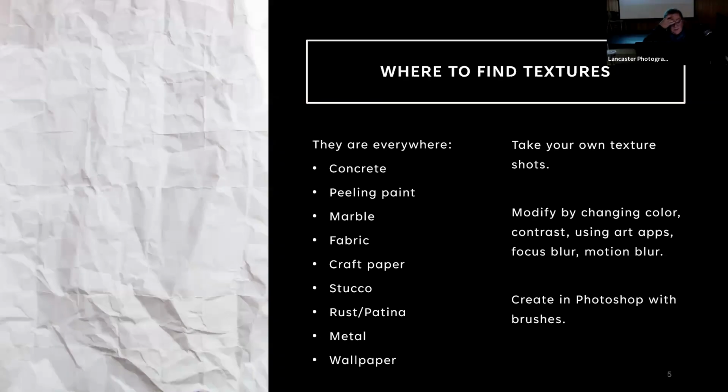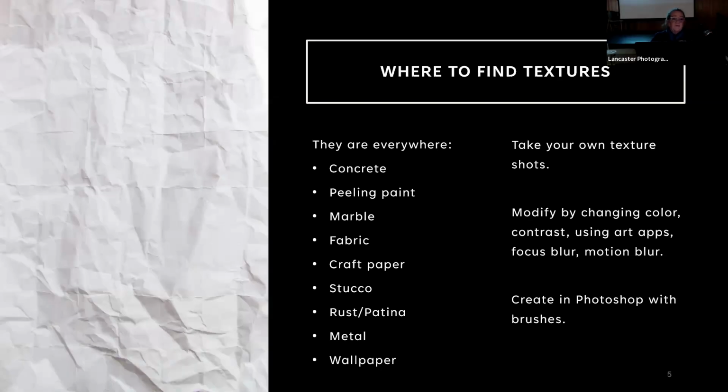Where to find textures? This one here is a crumpled piece of paper, but you put it on a photo and it looks interesting. Textures are everywhere. They're concrete, peeling paint, marble in a bathroom, or if you're wandering around downtown LA, there's all kinds of different things made of marble.